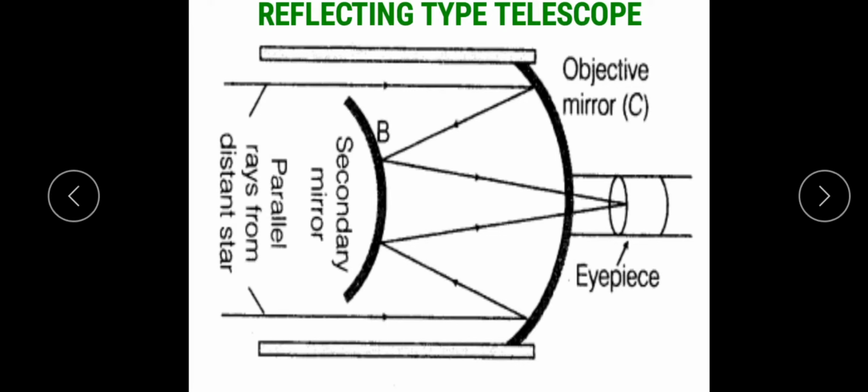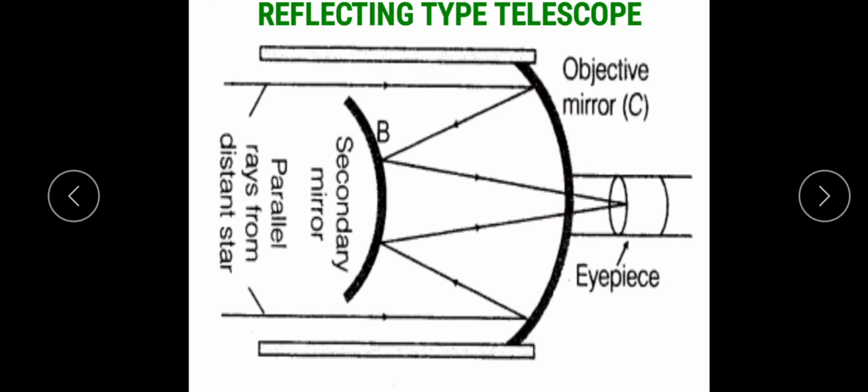So some error is formed in the case of a lens. That's why, if we use a mirror in place of a lens, no chromatic aberration takes place. That's why modern telescopes use mirrors in place of lenses.